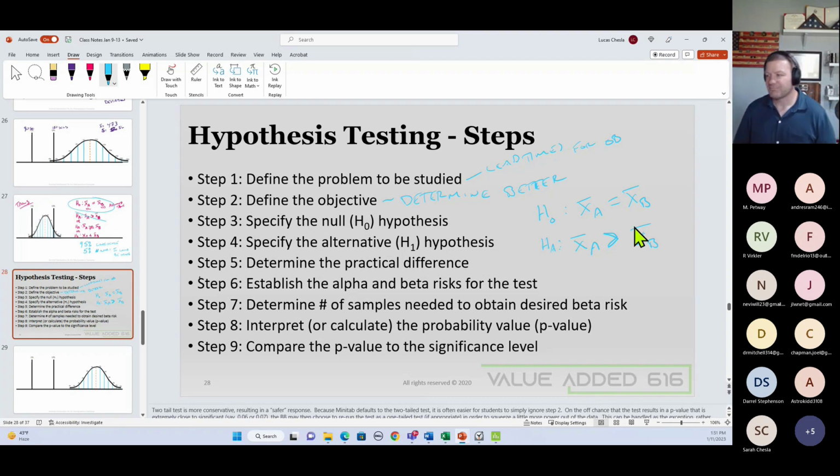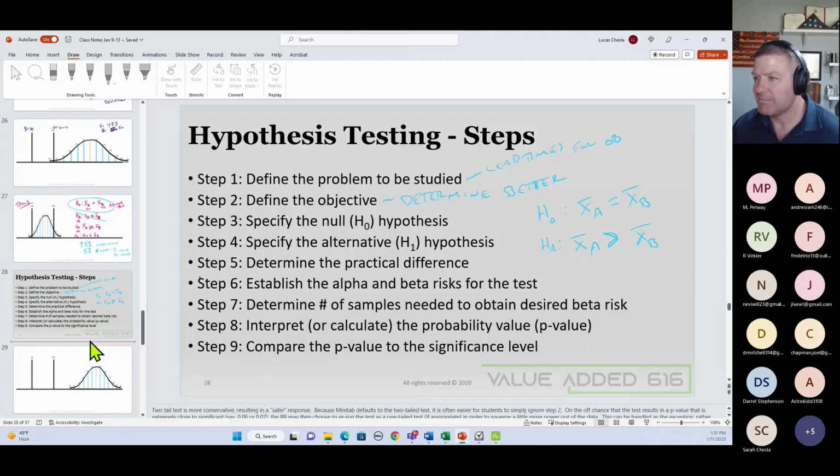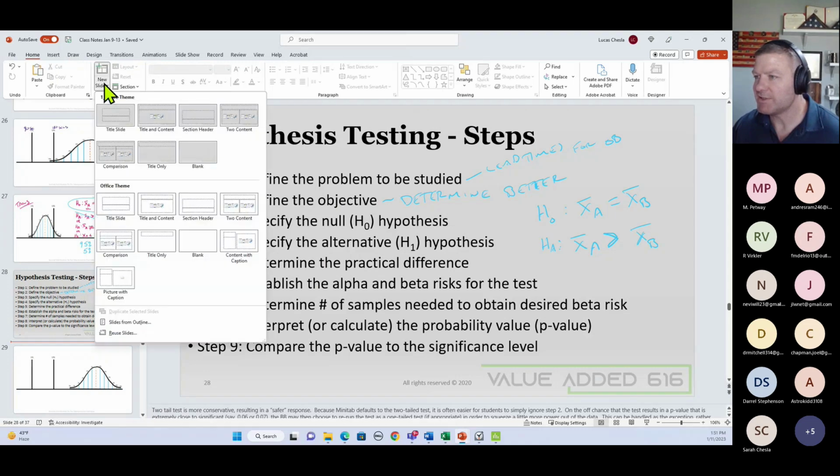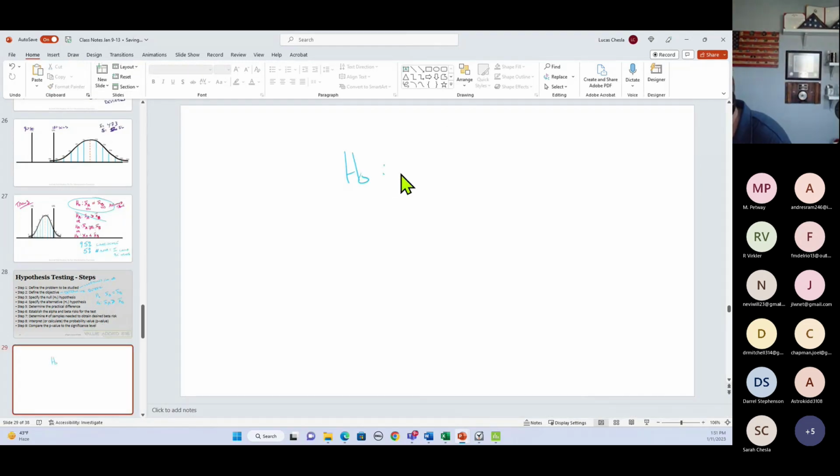If we are working on the actual project itself, and let's say we're seeing if we made any significant changes, we're going to say team A before changes equals team A after changes. The alternate would be team A before changes is greater than team A after changes.